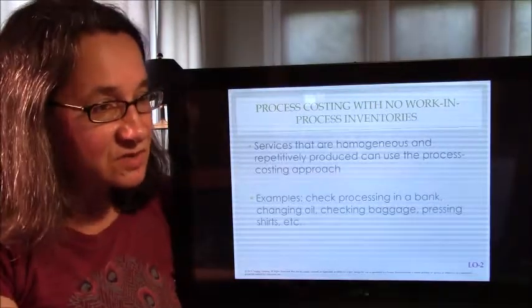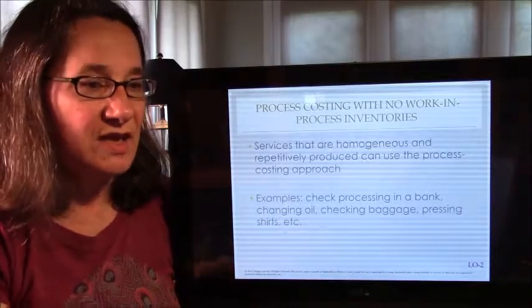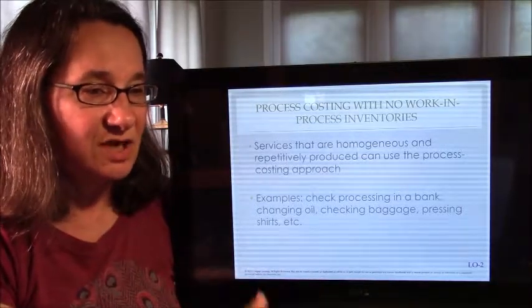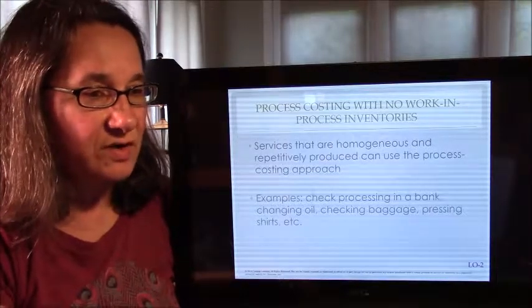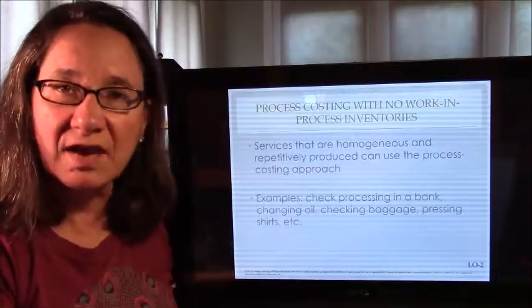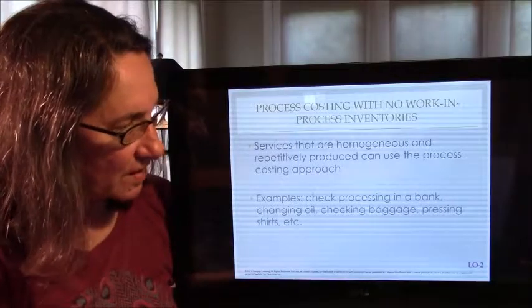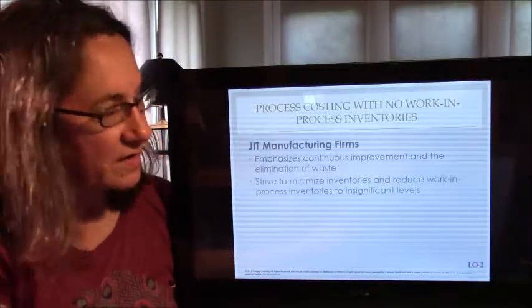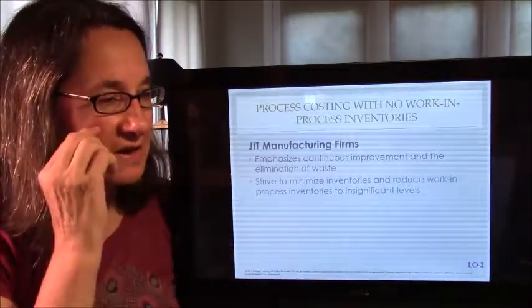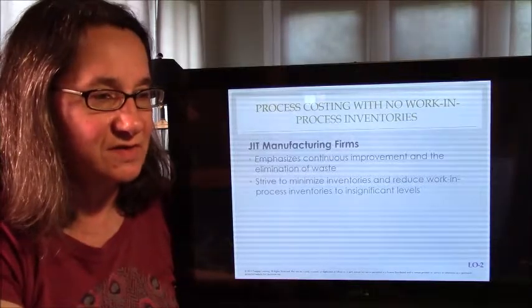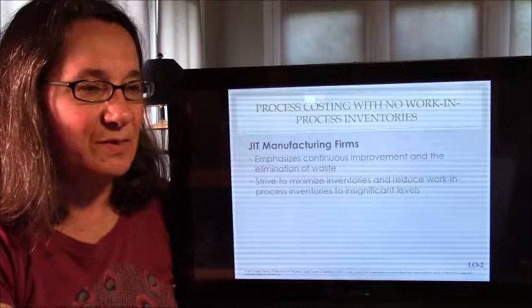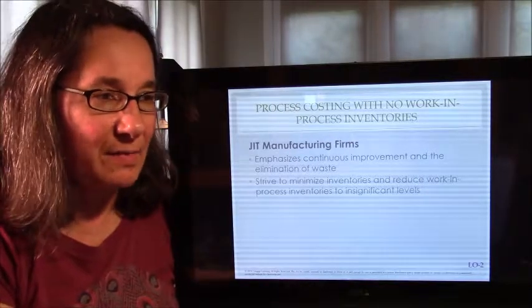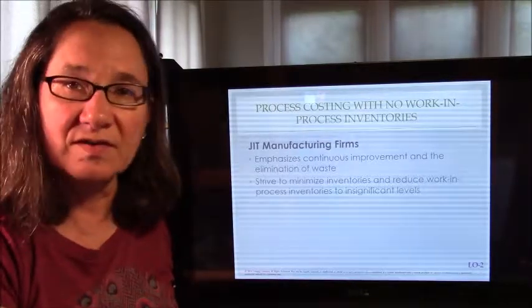So you can still use the process costing approach, and examples would be things like check processing in a bank, changing the oil, checking baggage, dry cleaning. All right, so we could do that. Also, just-in-time manufacturing firms do this. All right, so because they strive to minimize inventories, they may work with no work-in-process inventory.